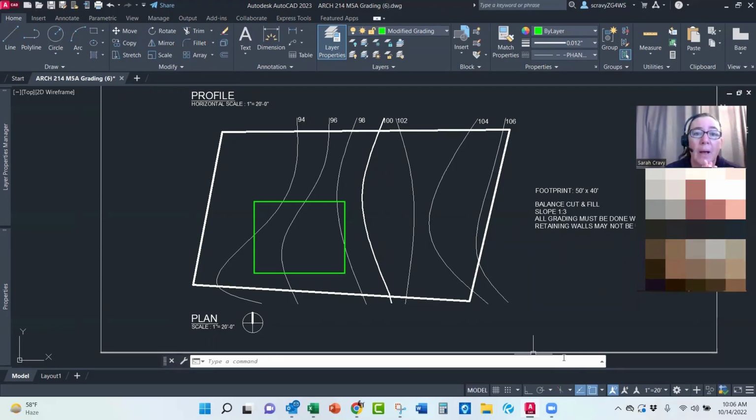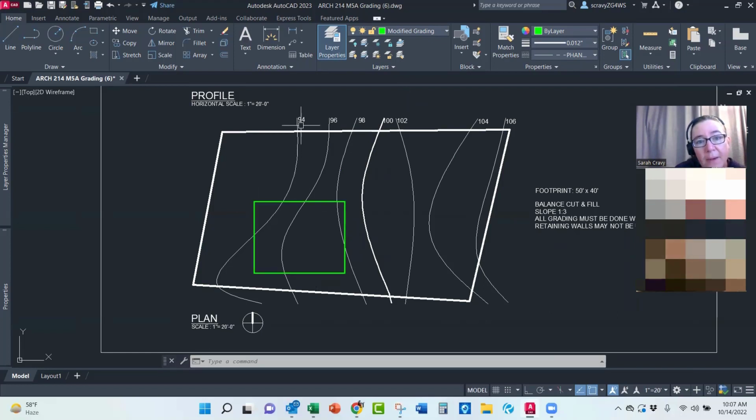Once we have this spot, we need to start calculating. With a slope of 1 in 3, we need to find out where to move our contour lines. Let's decide what the finished elevation of this square should be.